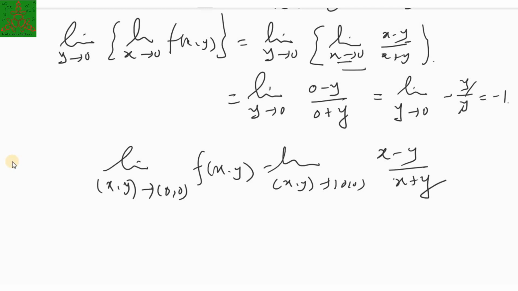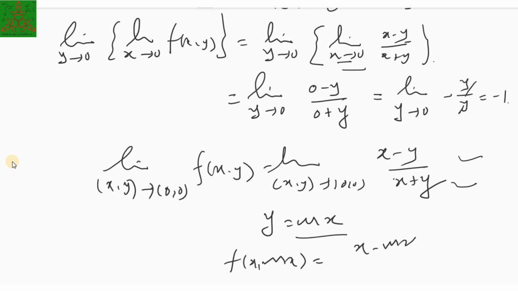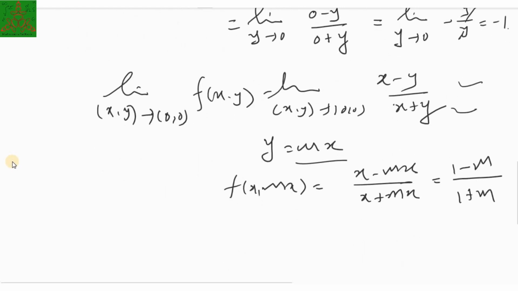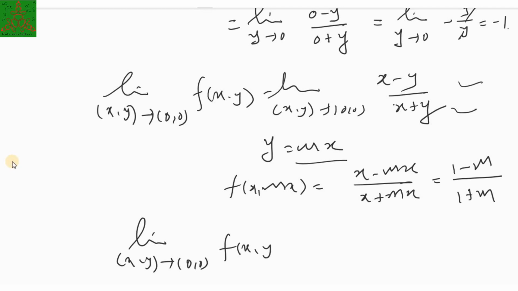If you choose your path y equal to mx, because this has the same degree in the numerator and the denominator, your f of (x, mx) will be (x minus mx) upon (x plus mx), and you can see that x is common and cancelled out, so it is (1 minus m) upon (1 plus m). And so the limit of the function f of (x, y) as (x, y) tends to (0, 0) depends on m.